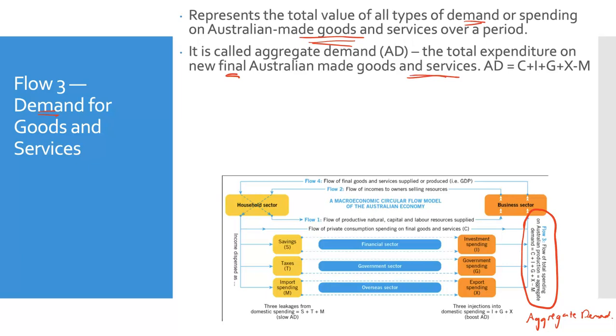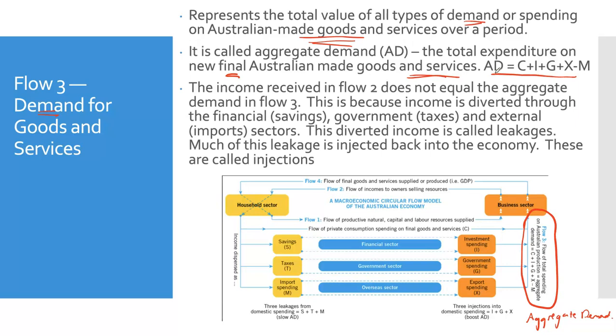Now, aggregate demand has a formula. Aggregate demand equals C plus I plus G plus X minus M. We're going to go through this in a lot more detail, but C is the flow of private consumption, so all the goods that households demand.